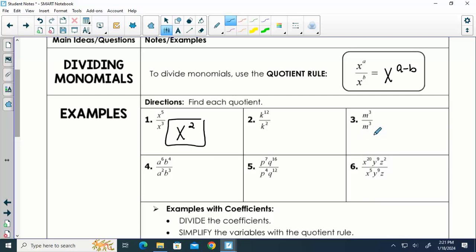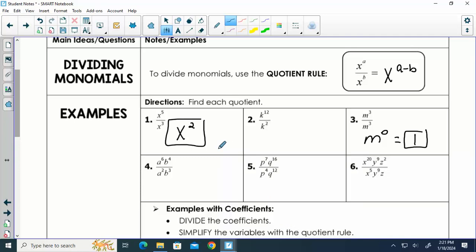What is 3 minus 3? Okay, what is anything to the 0 power? It's actually a 1. Another way to think about this, it's just the same thing on top and bottom, right? What's 5 divided by 5? 1. 10 divided by 10 is 1. So anything divided by itself is 1.